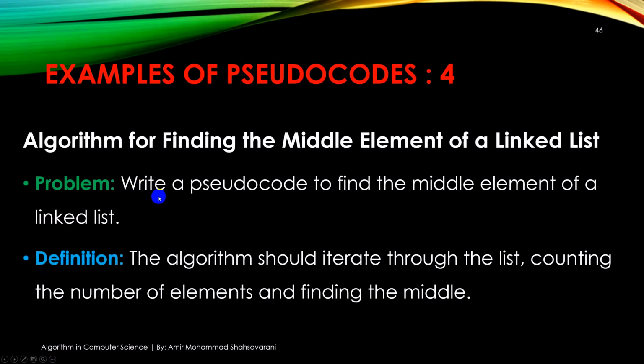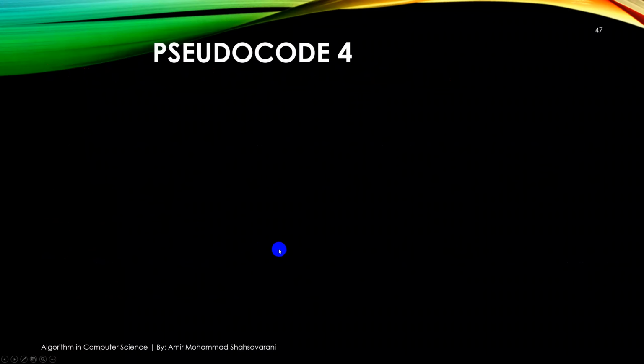Defining it: the algorithm should iterate through the list, counting the number of elements and finding the middle, the point where half of the list is at the right and half is at the left, or top and bottom. I don't know what you think, but just the middle point. That's so simple. Good. Our pseudocode.